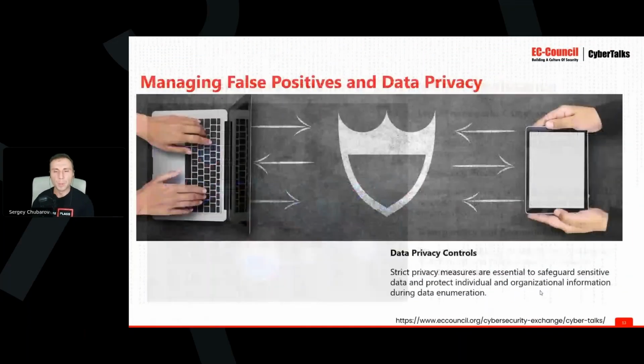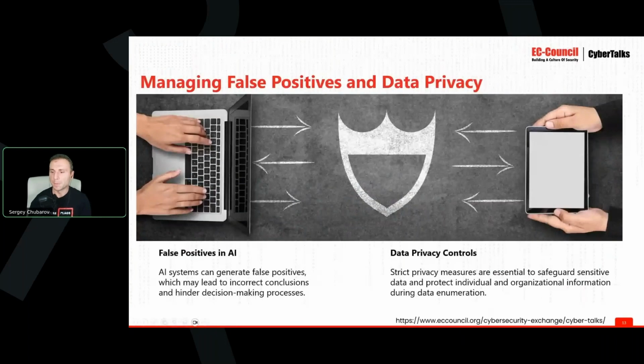One of the problems that you will definitely find with AI is called false positives. False positives means that AI can make mistakes. And if AI made a mistake and told you, like, oh, this command, you will not hack Google, or you will hack Google.